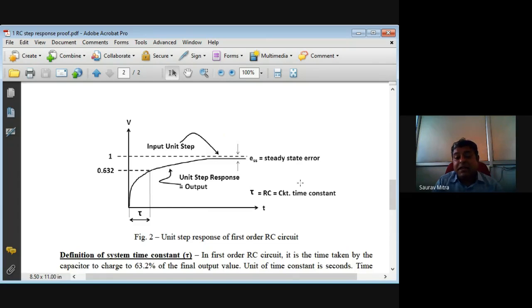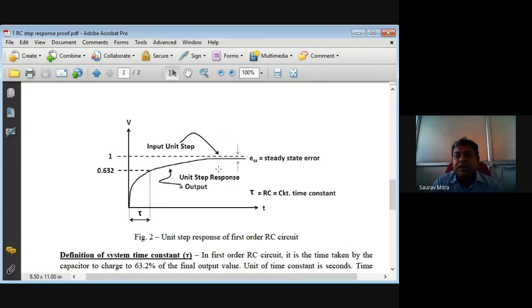What is known as steady state error? Steady state error is the value the response C(t) achieves in steady state, if that is different from the input. The input given is 1, so it is expected that the capacitor also will charge up to 1 volt.